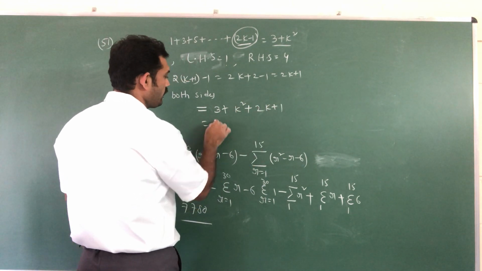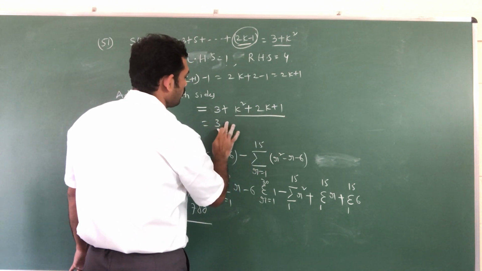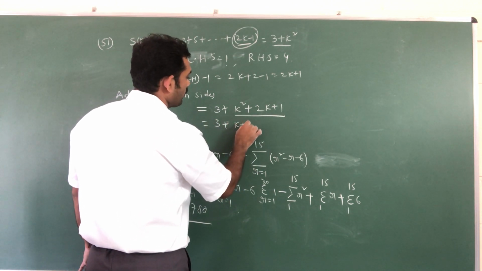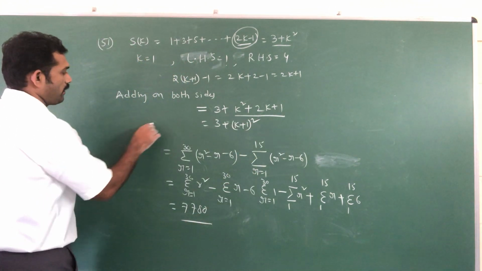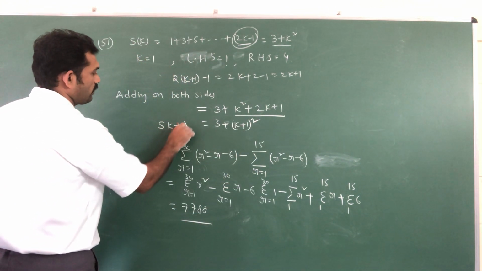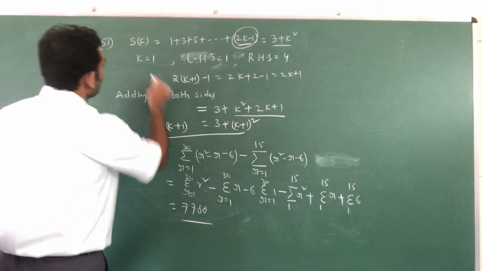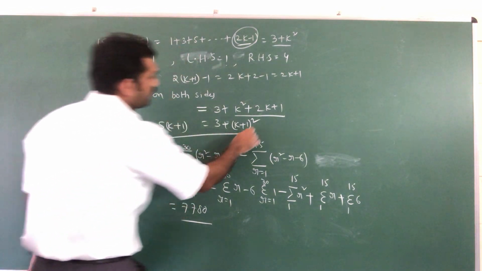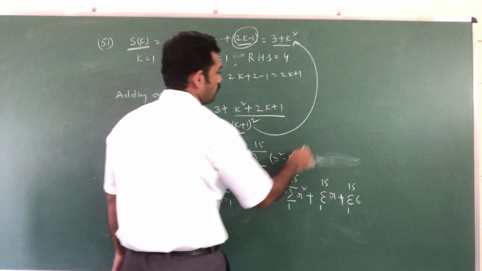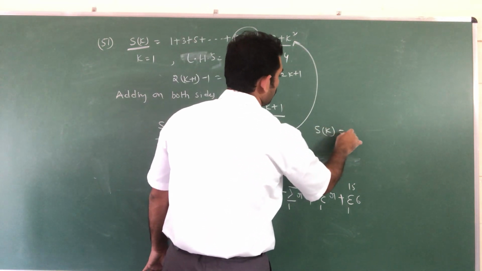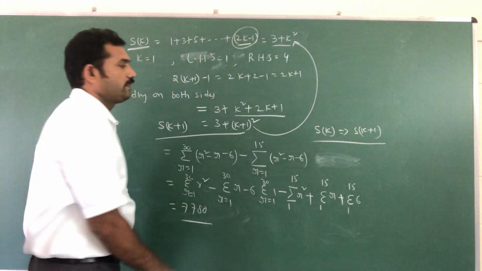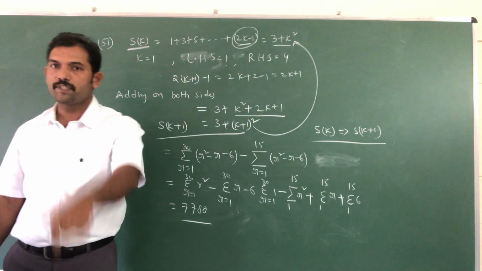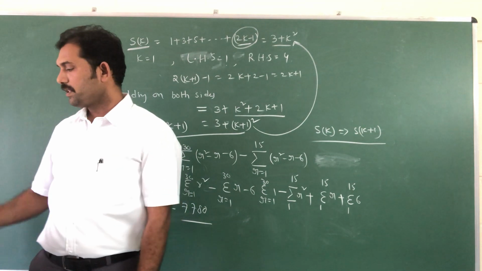It is nothing but 3 plus k plus 1 whole square. S of k plus 1 is this one, and S of k is this one. So both are the same. So S of k implies S of k plus 1. This will be correct. So the fourth option is correct.